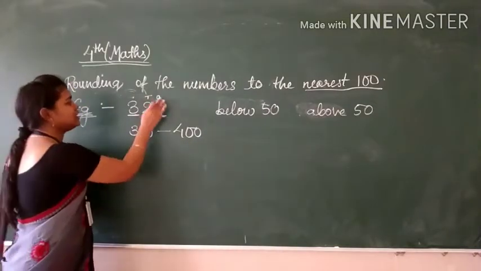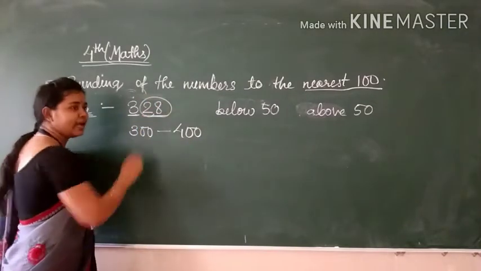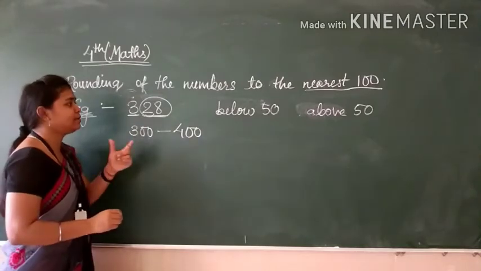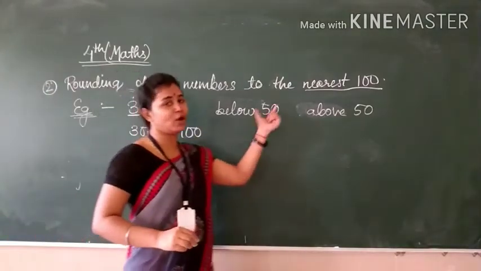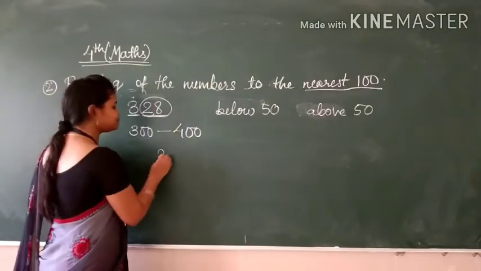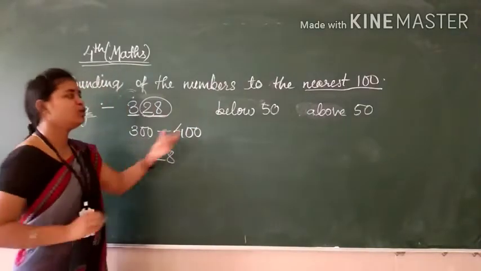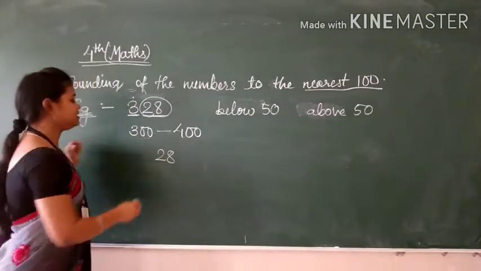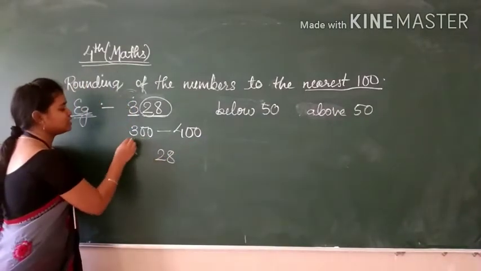Now see here, the number is 28. Is it below 50 or above 50? Of course, 28 is below 50. So below 50 is there, so it will come to this range.